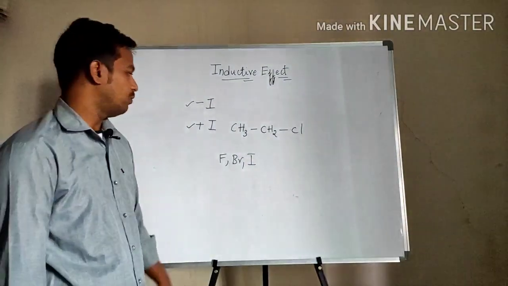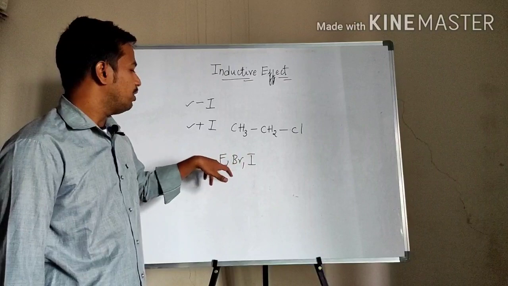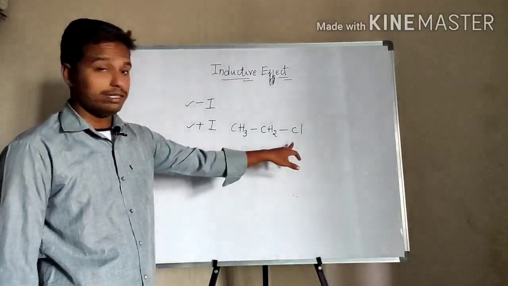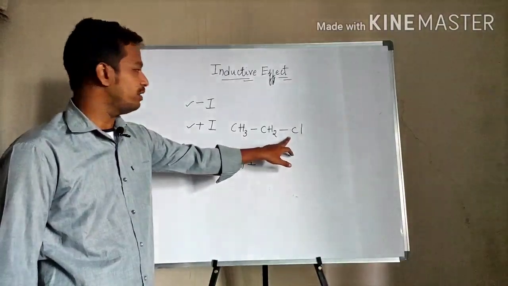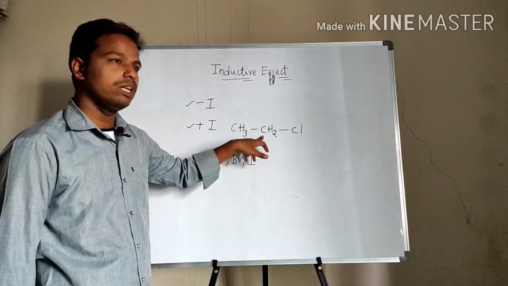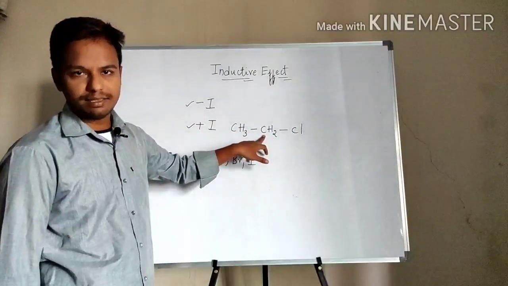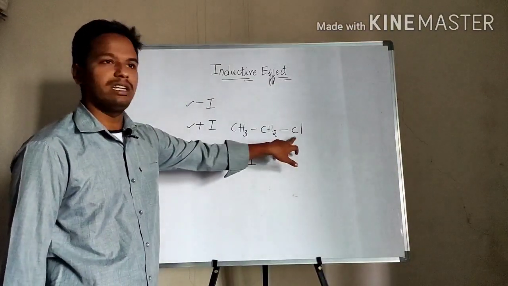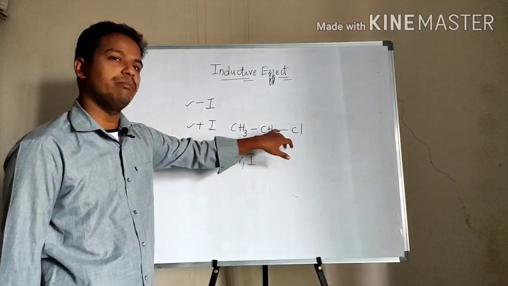Why? Because the electronegativity difference between these atoms and carbon is very high. The electronegativity of carbon is very low, whereas the electronegativity of chlorine is comparatively very high.